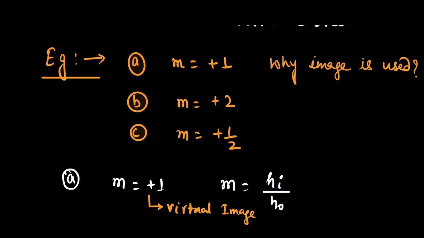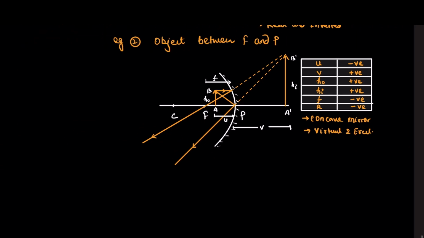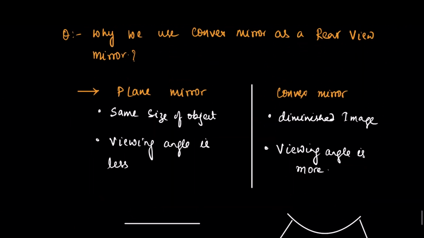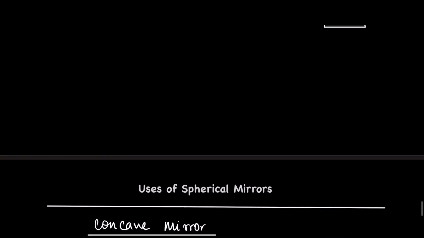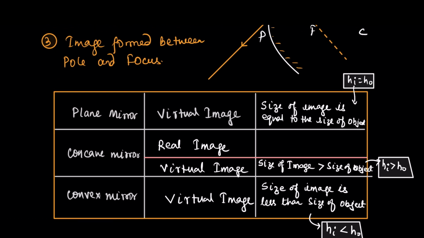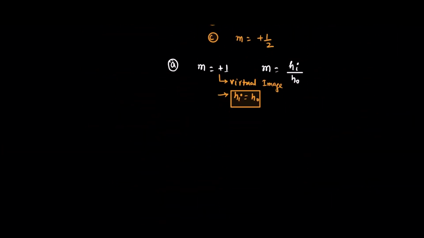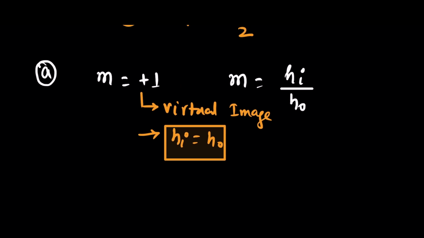And 1 means height of image is equal to height of object. If you recall, I explained previously that when height of image is equal to height of object, then it is a plane mirror. So the same logic we will apply here. So what type of mirror is it? It's a plane mirror.